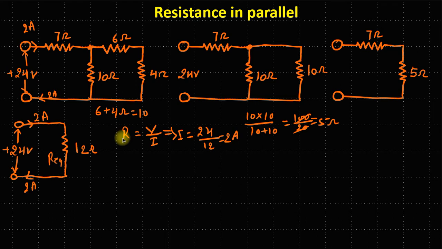Now you can see here is the 7 ohm resistance in series, so the current will be the same here. So we can calculate the voltage across this resistance. By Ohm's law, V equal to R into I, equal to 2 into 7, 14 volt.